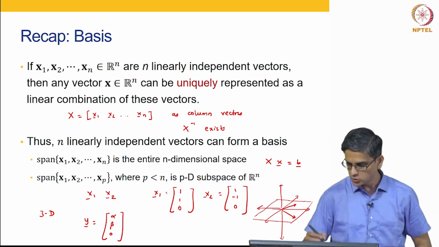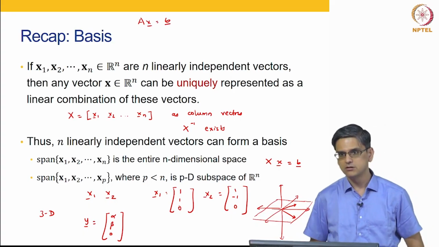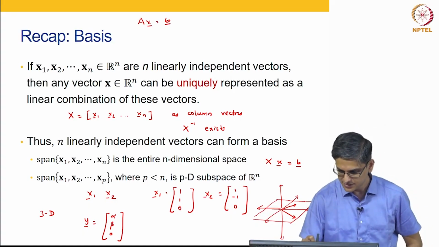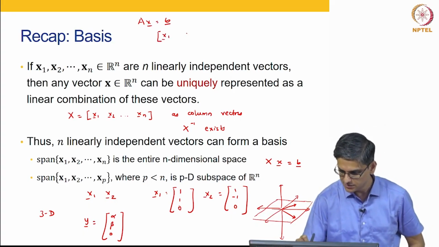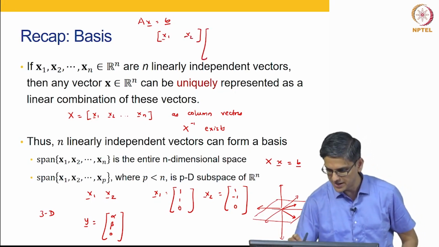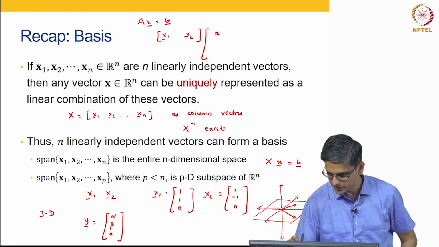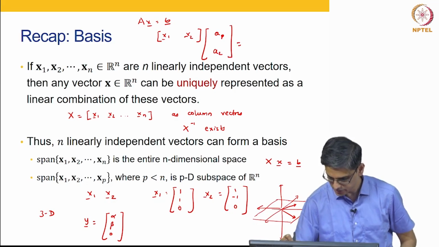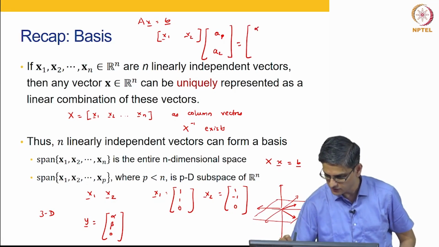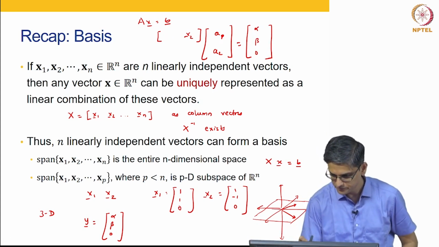okay. Let us pose this problem as A x bar equal to B bar, right, where A is nothing but x1 bar, x2 bar multiplied by some values a1, a2 equal to B bar, which is alpha, beta, 0.